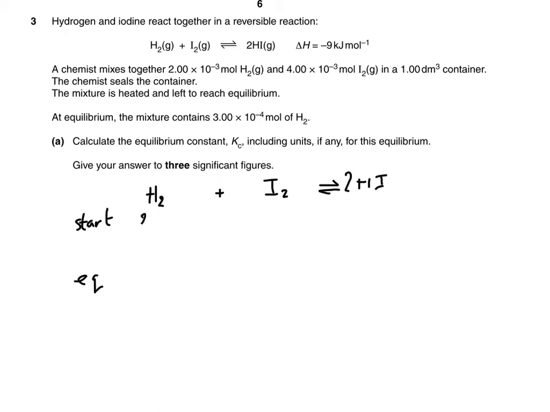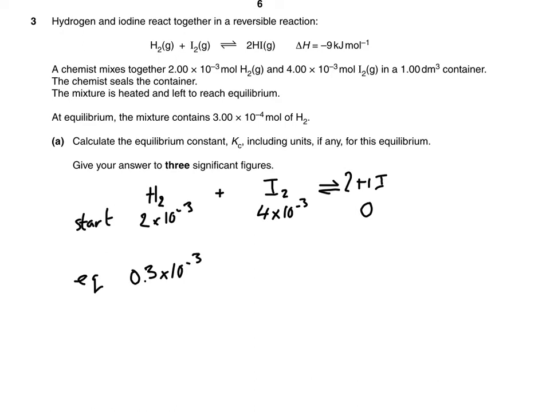So at the start we had 2 times 10 to the minus 3 moles of hydrogen, 4 times 10 to the minus 3 of iodine, and none of this. At equilibrium we have 3 times 10 to the minus 4. So just to make it easier to see, I'm going to change that to times 10 to the minus 3, so it's easier to compare.